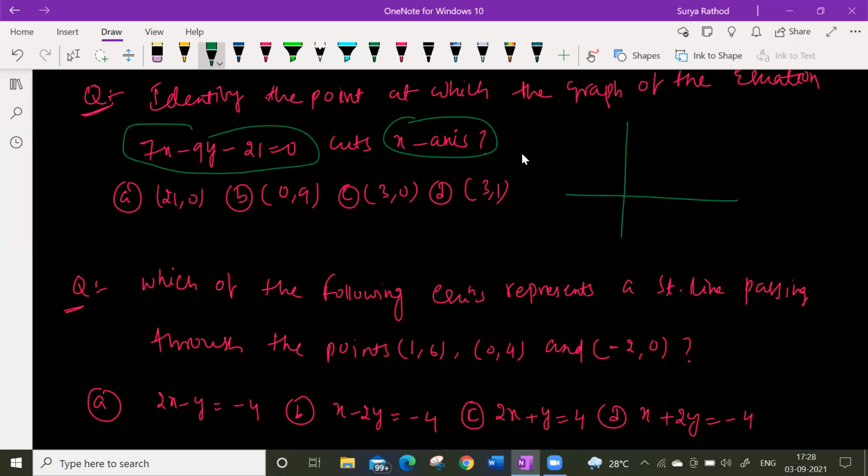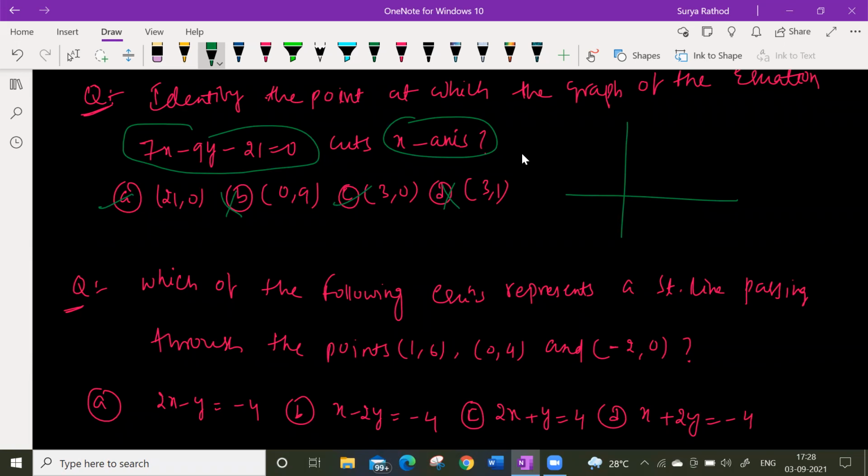Sir, we have to take y as 0. Yes, on the x-axis, the y coordinate will always be 0. So either option A or C will be correct, and options B and D I can delete immediately. Clear? Let us check the options.